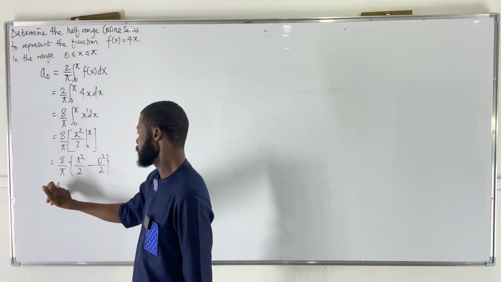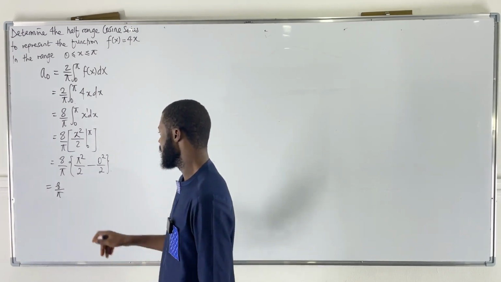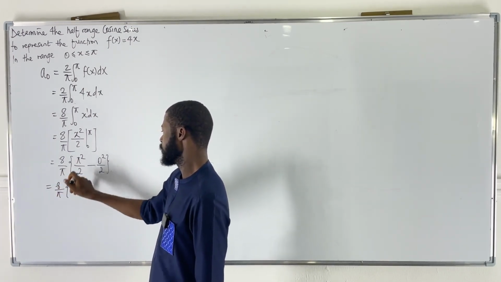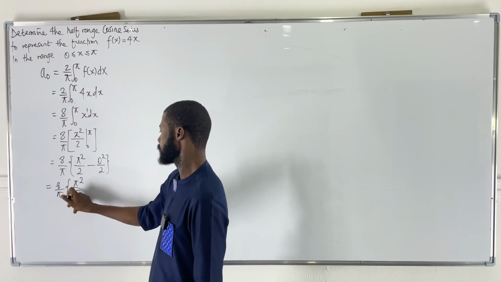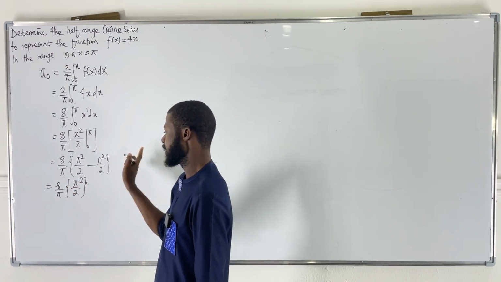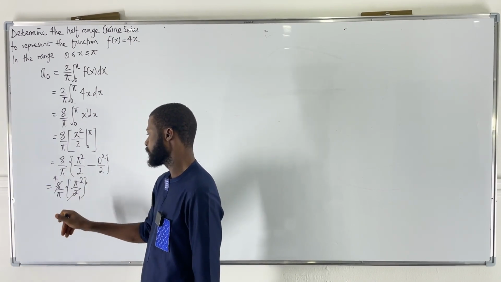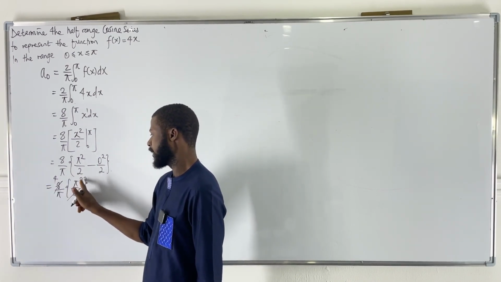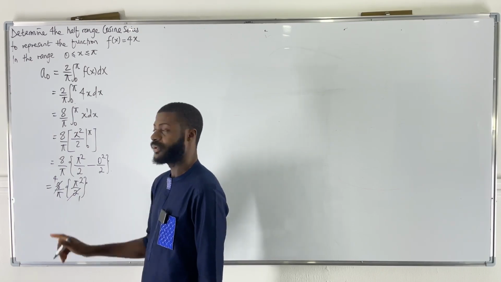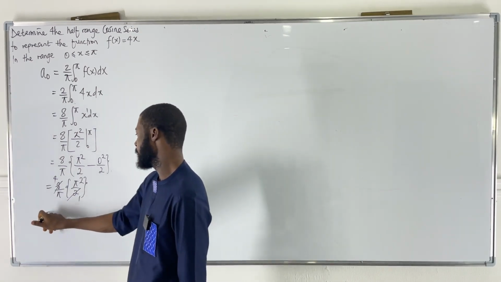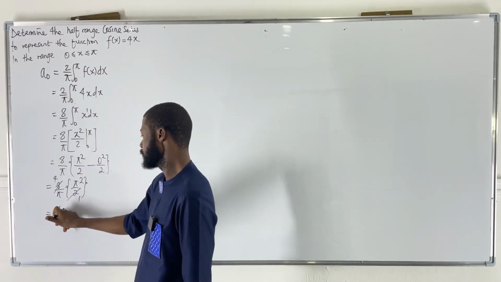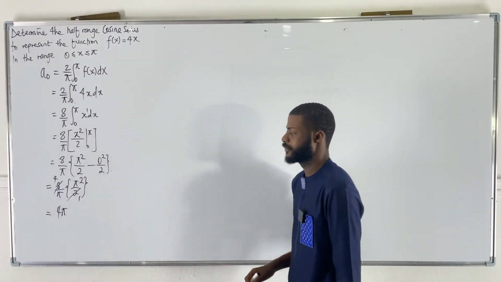So this will be 8 over pi, then this will be pi squared over 2. Now this 0 part is gone. Now 2 here is 1, 2 into this is 4. Pi squared over pi will give me just pi. So this will be 4 pi. That's just what it's going to be, just 4 pi.